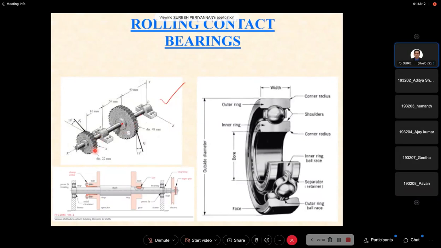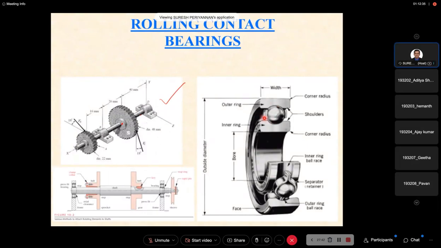When this gear is connected to the motor and power is transmitted, these act as two supports. This is called a bearing. Here we are using a rolling contact bearing, this type of bearing.